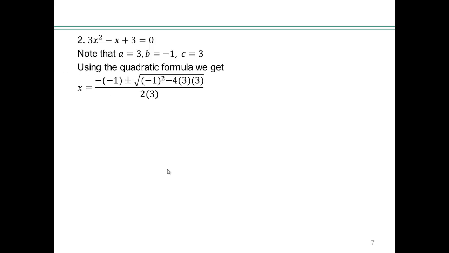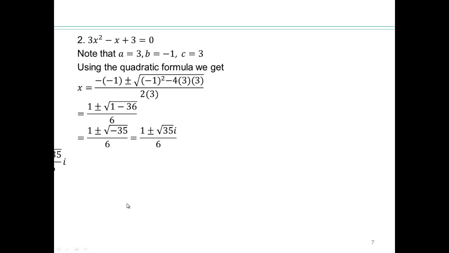Put that in the formula: negative times negative, so negative b plus or minus square root of b squared minus 4ac over 2a. Simplify. Negative square root 35 means square root 35 i. The i is outside the square root. Remember that. And you can rewrite it like that.